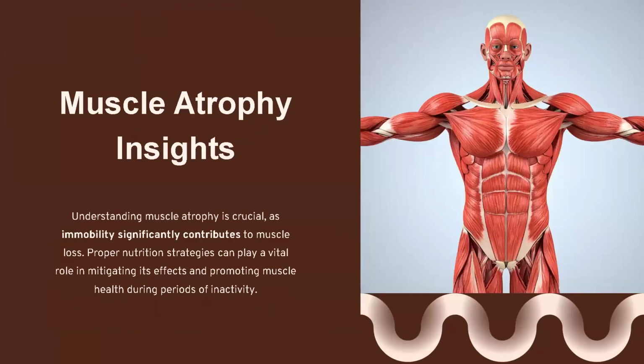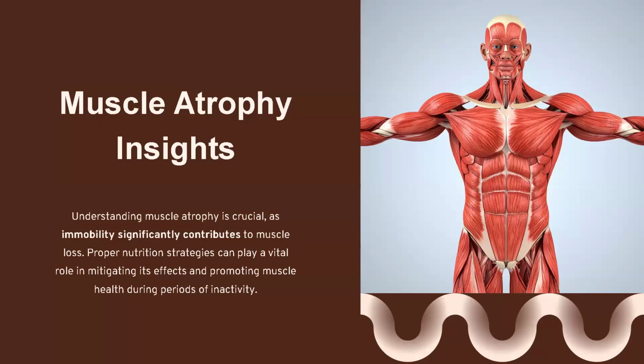Next, we just want to have a few insights on muscle atrophy. I'd like to start by defining what a muscle is. A muscle is a soft tissue made up of fibers or muscle cells that contract to produce movement, maintain posture, and generate heat. It's basically the biological machinery that lets you run, speak, breathe, blink, and laugh until you cry.